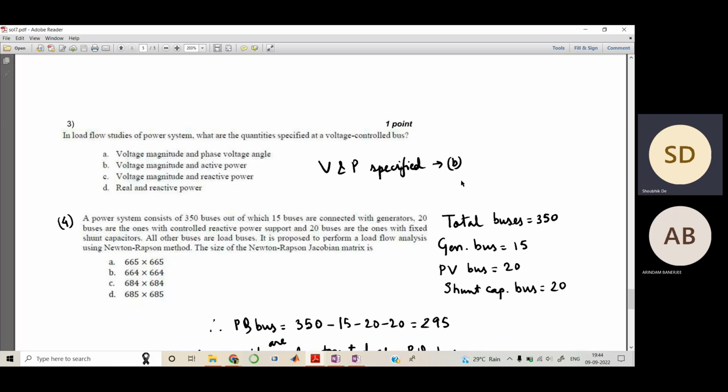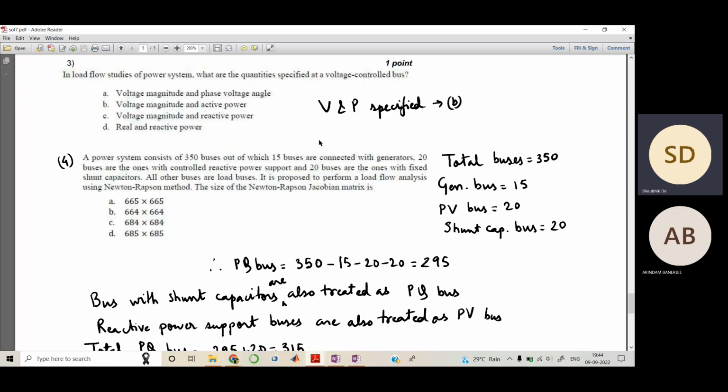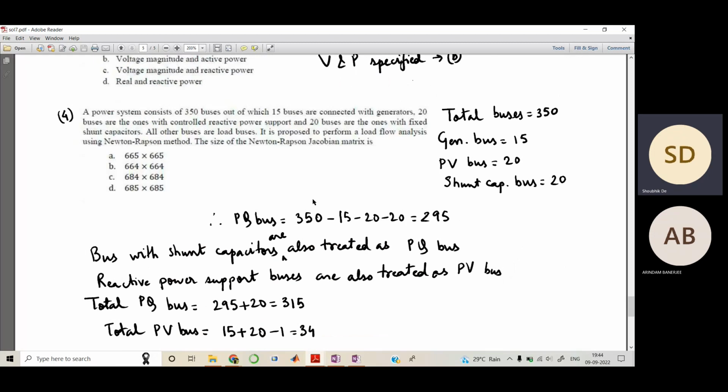Again, the voltage control bus is also referred to as the generator bus, and it is written as a PV bus, and the load bus is written as a PQ bus. So these are the two notations used. Now this was a very simple problem. So now let us come to an interesting problem. This is a pretty easy problem provided you know the things.